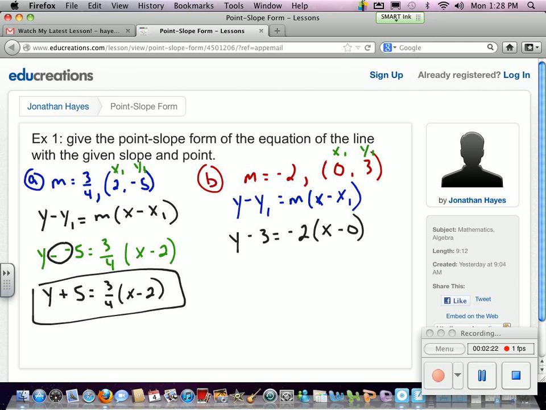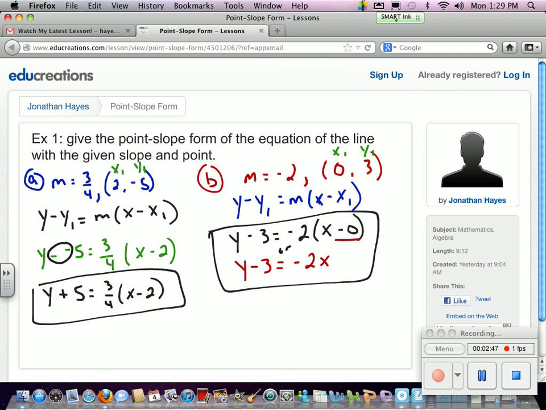Instead of leaving it like that, since we have this minus 0, when we distribute, 0 times anything is 0, so we would just have it set equal to negative 2x. You could see it written either way. So those are the two possible answers for part B.